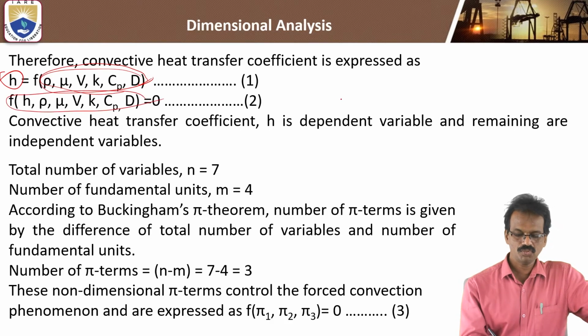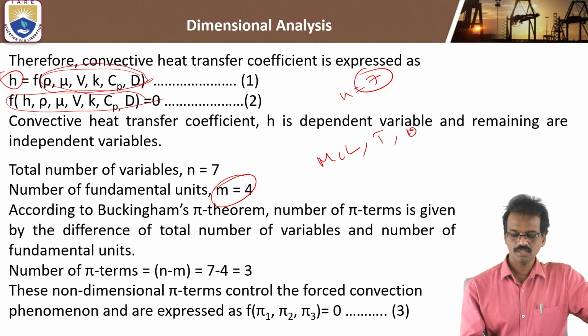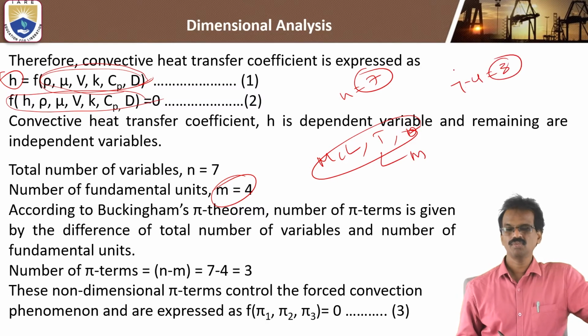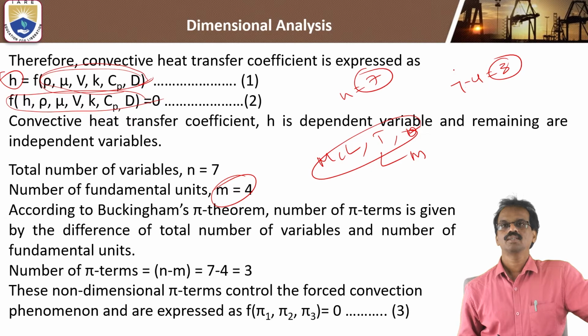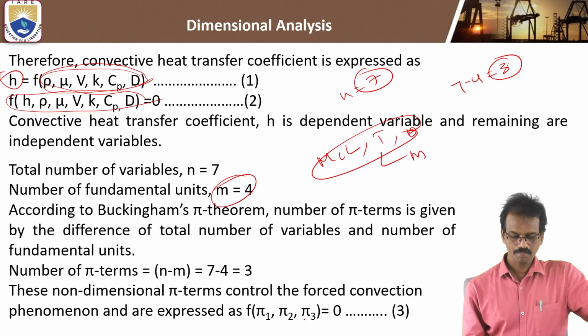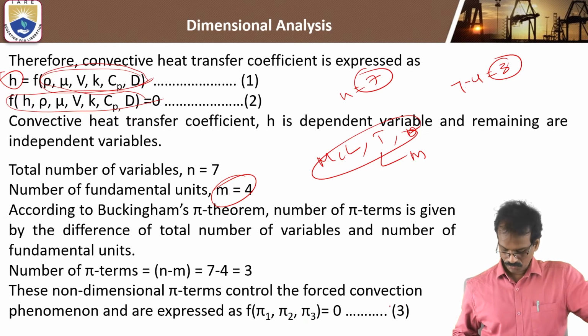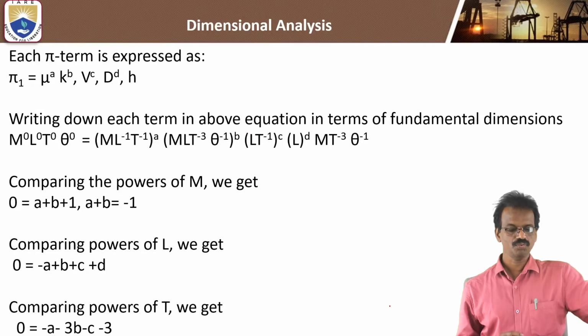So total parameters is equal to 7. The basic parameters are mass, length, time, and temperature theta. So these are the 4. 7 minus 4 is equal to 3. So you have to find the 3 pi terms, pi 1, pi 2 and pi 3. We'll see how to do that.